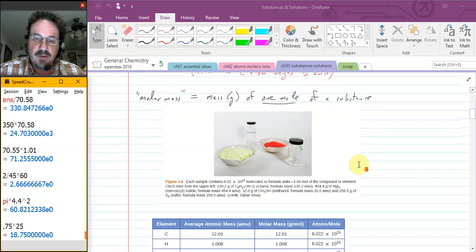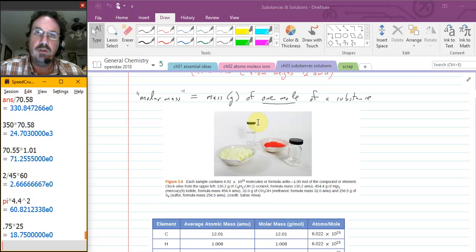Right? And here's a picture from the book, Figure 3.6, which shows you what 1 mole of various things look like. So in the back there, we've got octanol, an organic liquid. It's got that much volume, you can see. Over here, that's mercury II iodide, reddish powder. Well, that's 1 mole of it right there. Up here, that's methanol, wood alcohol.